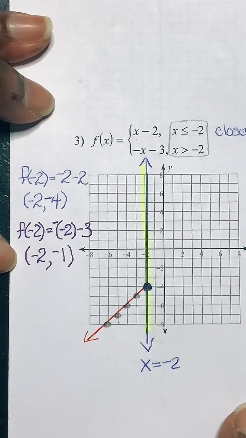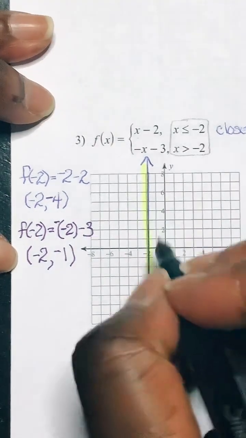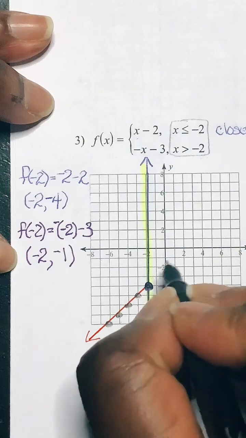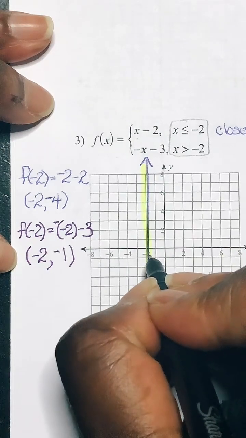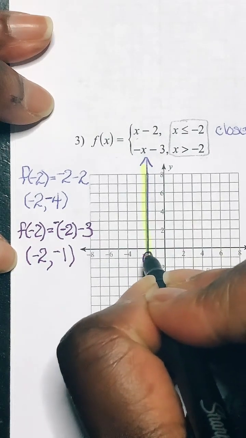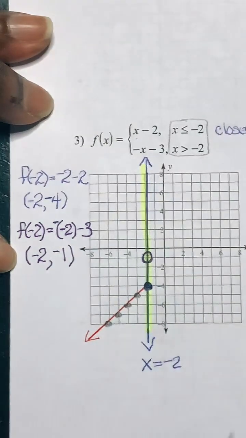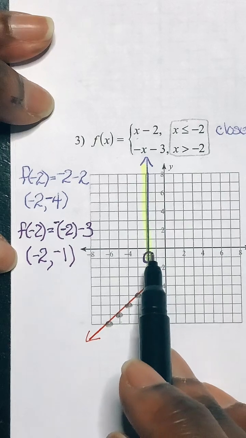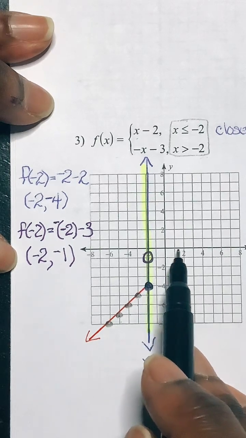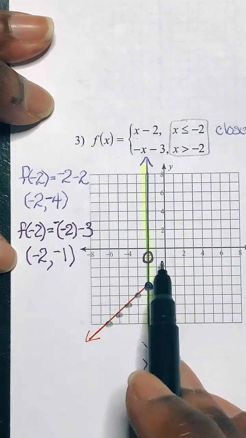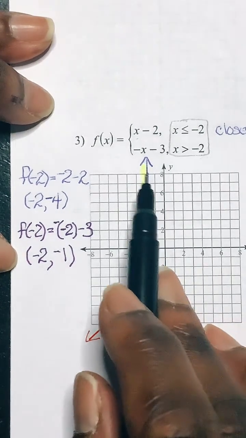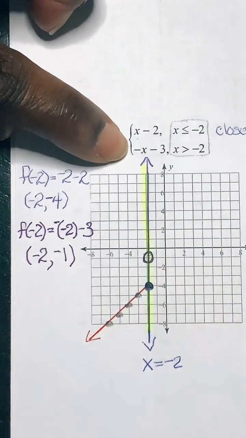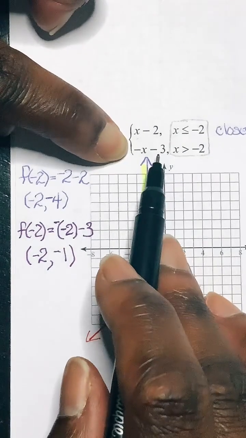Okay, so it is going to be -2, -1, and it will be open. All right. So now, since it's greater than, that means I want to basically graph the right side of my boundary line. So I go straight to my slope, not the y-intercept.